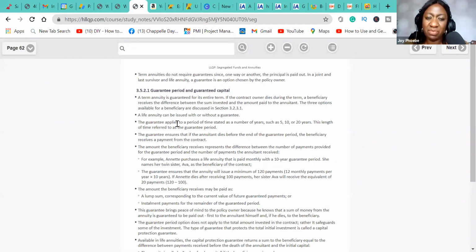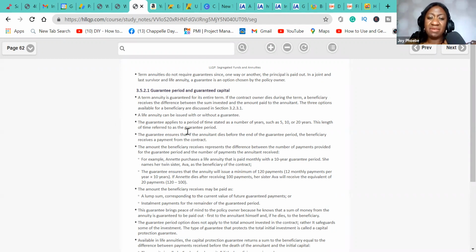The three options available for a beneficiary are discussed. We've talked about the options. Either the beneficiary can take the money as a lump sum, or the beneficiary can take the money over a period of time, like, okay, I want this money to be paid to me as a steady stream of income.